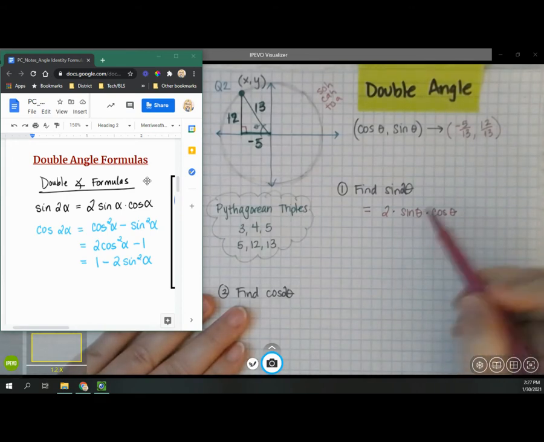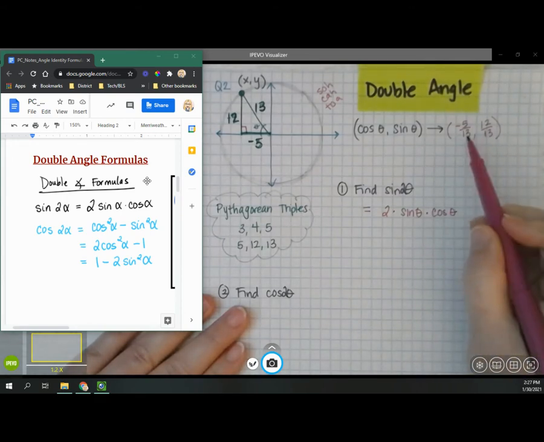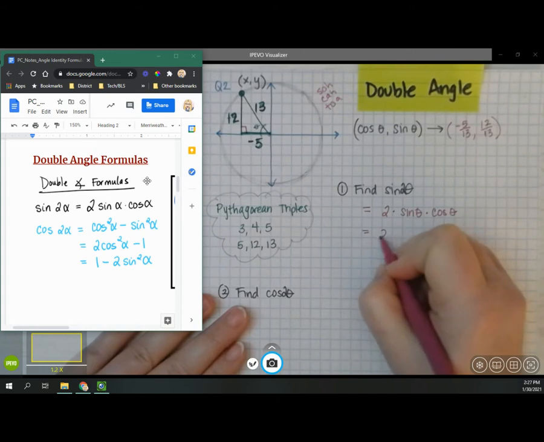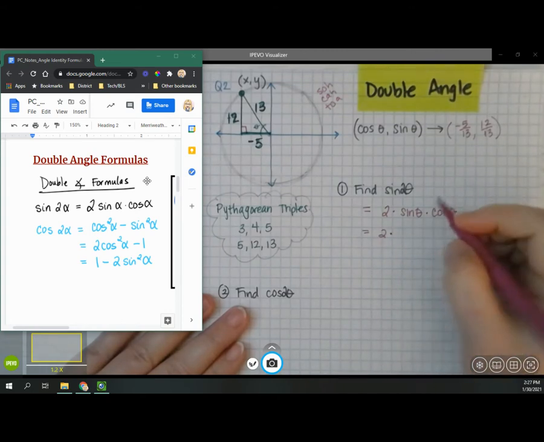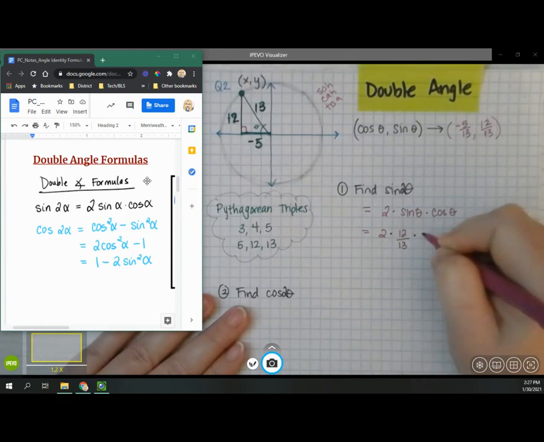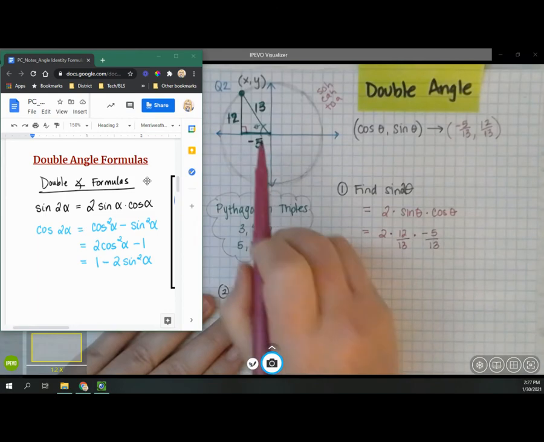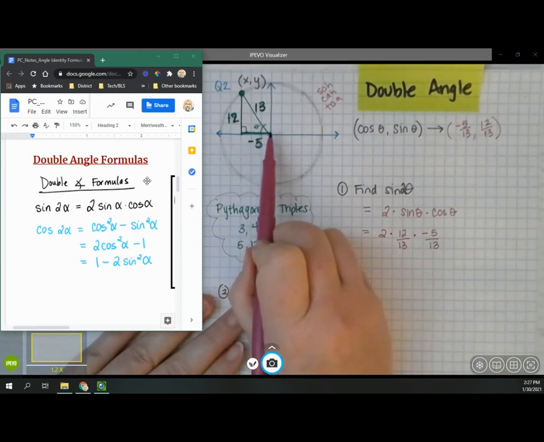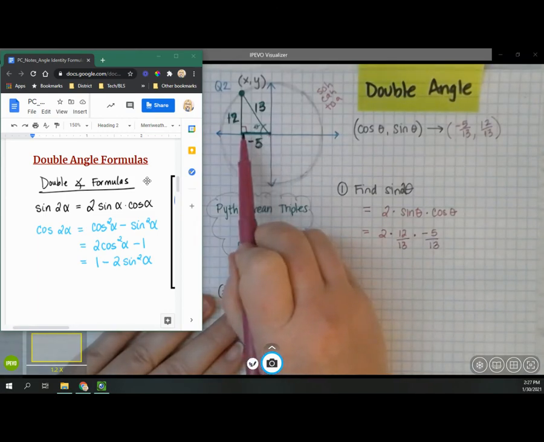Now I'm going to plug in those values for sine and cosine. I get 2 times sine being 12 over 13 and cosine being a -5 over 13. Again, it is negative because I'm in quadrant 2, so those x values are negative.